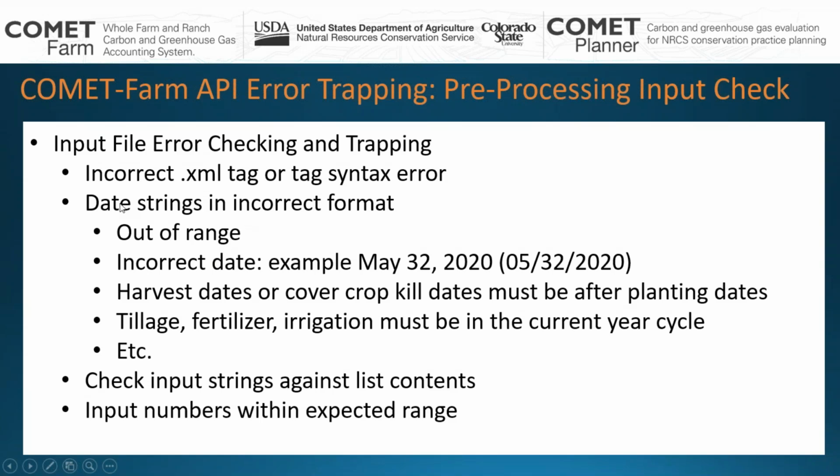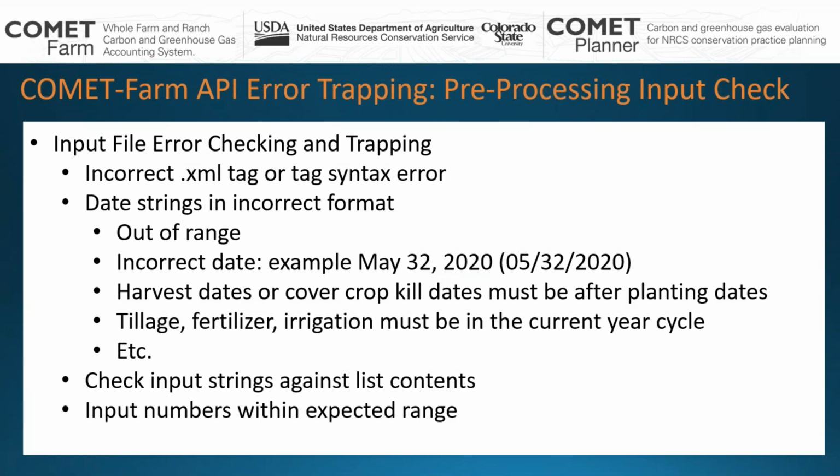Other errors that we see are date strings in the incorrect format. One example might be an out of range or incorrect date, such as May 32nd, 2020. Harvest dates or cover crop kill dates must be after planting dates.